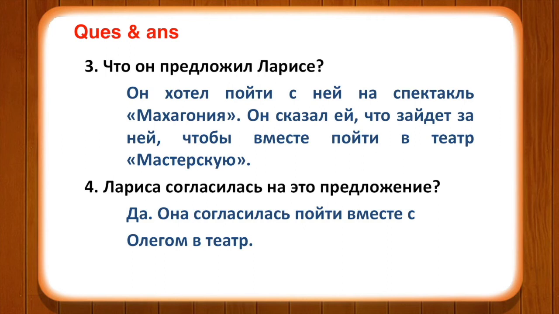Он хотел пойти с ней на спектакль «Махагония». Он сказал ей, что зайдет за ней, чтобы вместе пойти в театр мастерскую. Лариса согласилась на это предложение? Да, она согласилась пойти вместе с Олегом в театр.